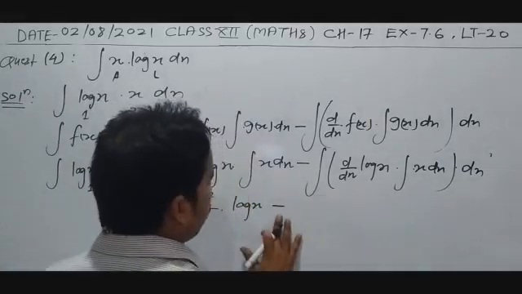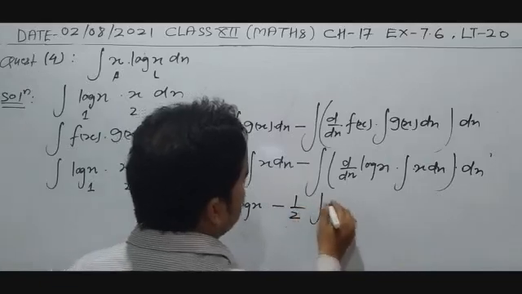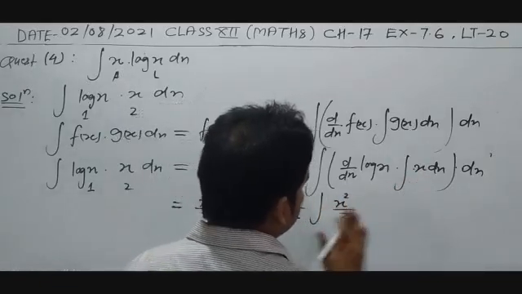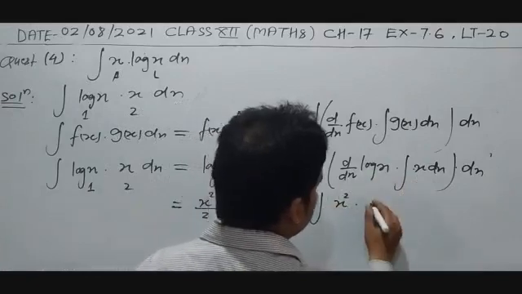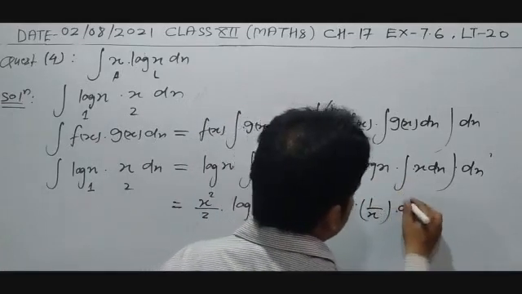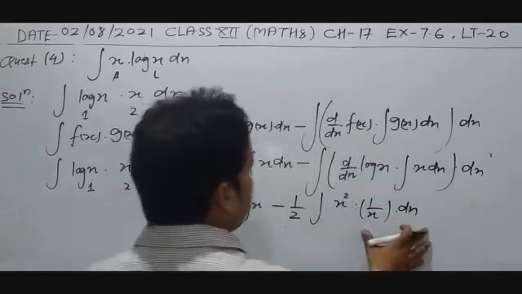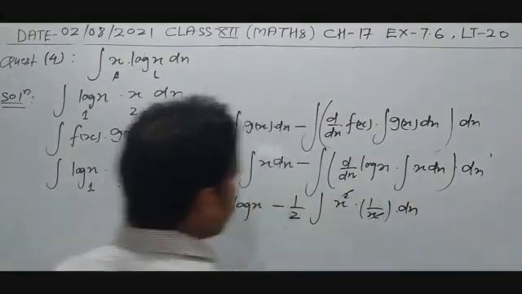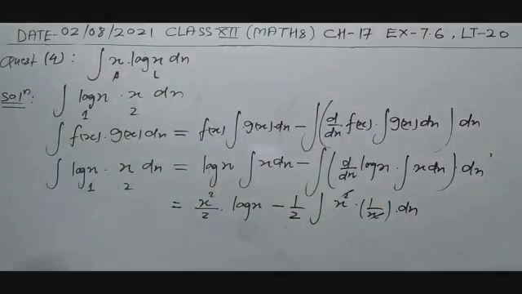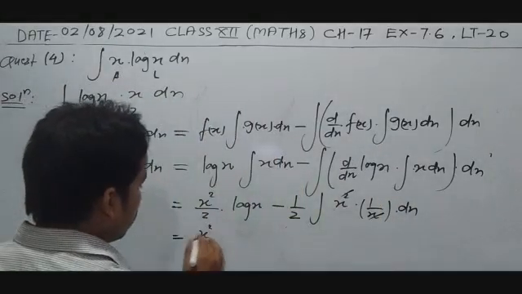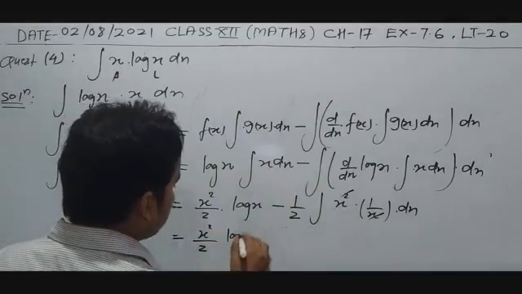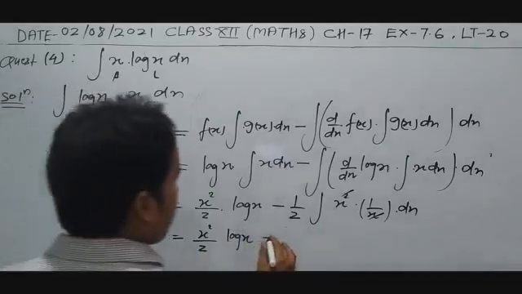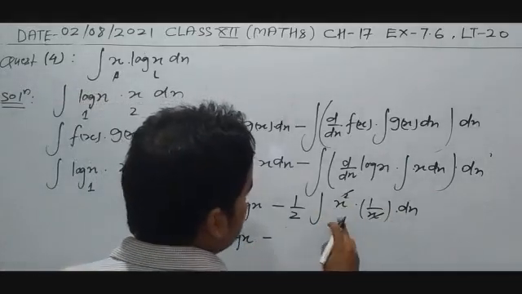So 1 by 2 will be outside the integral. So 1 by 2 integration of x square by 2, or by 2 is outside the integral, and log x differentiation is 1 by x dx. So its whole result is x dx. So its result will be x square by 2 log of x minus, this result means x dx I have to integrate again.